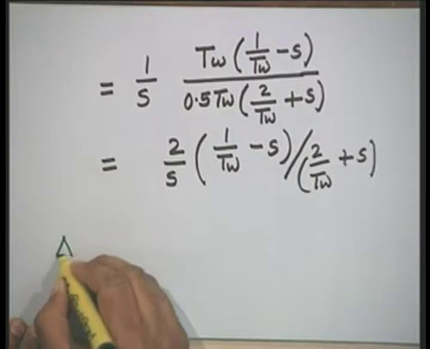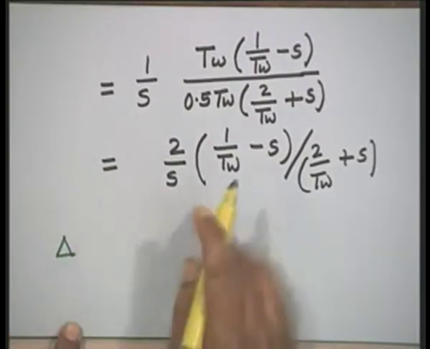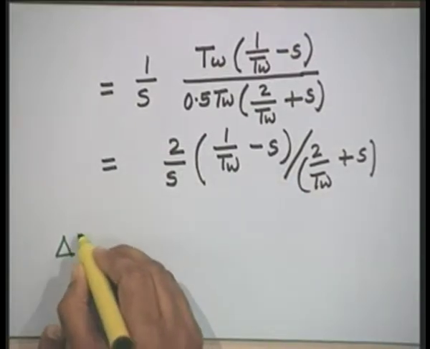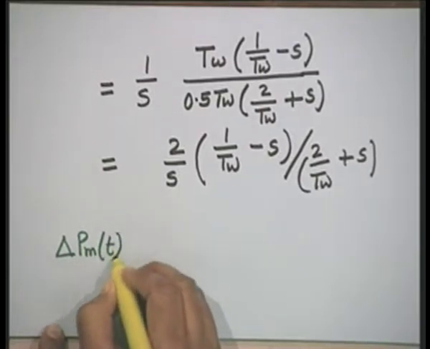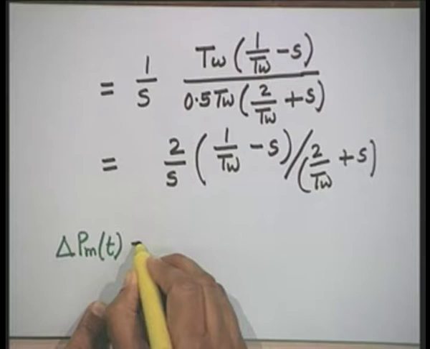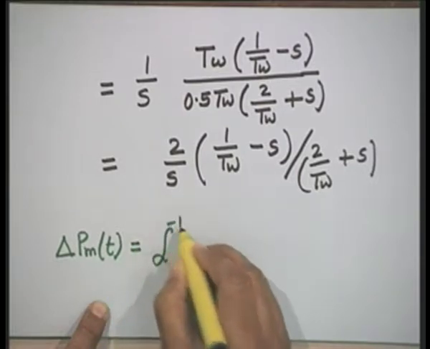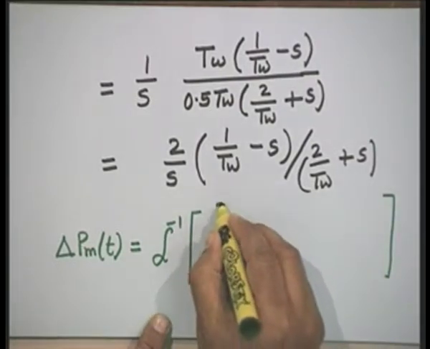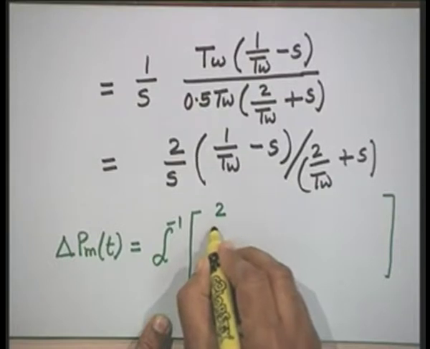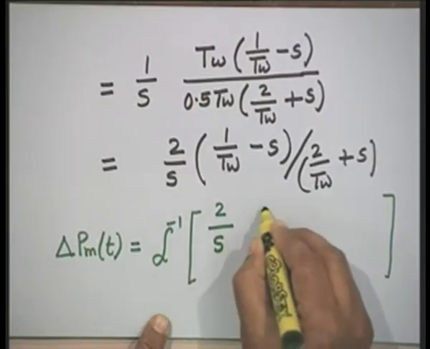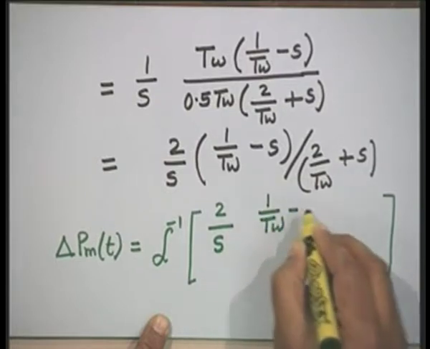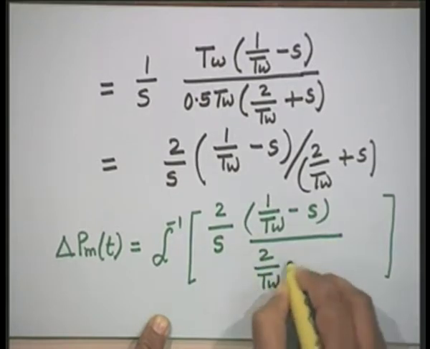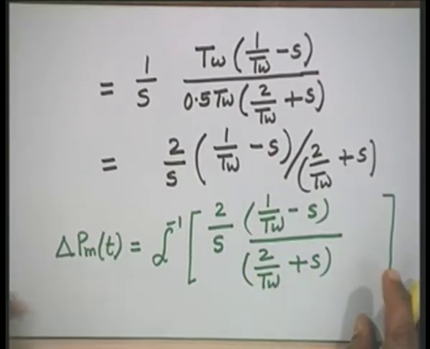We obtain the time response by taking the inverse transform of this transfer function. That is, we can obtain delta PMT by taking the Laplace inverse of this whole function, which I can write down here as 2 by S times (1 by TW minus S) divided by (2 by TW plus S).